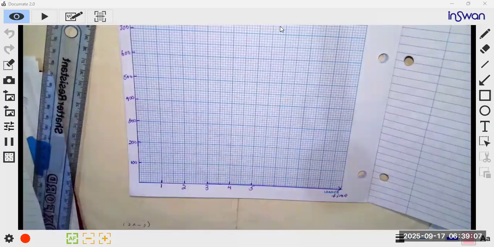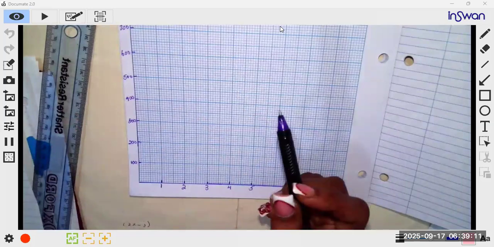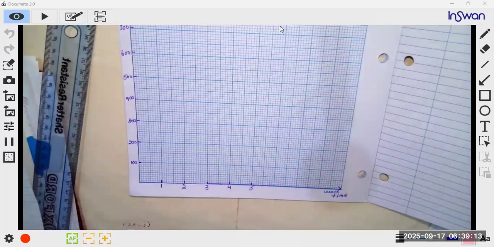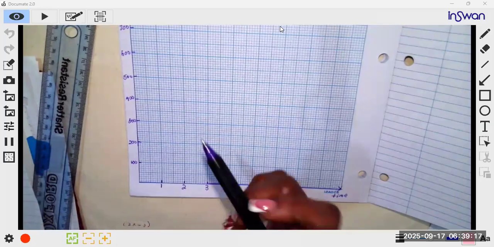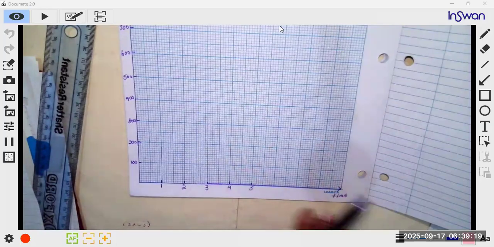Okay? So now we're going 200 until 1.3. But really and truly, it's 1.3 first, and then you're moving up to 200. So you're finding 1.3. Why?